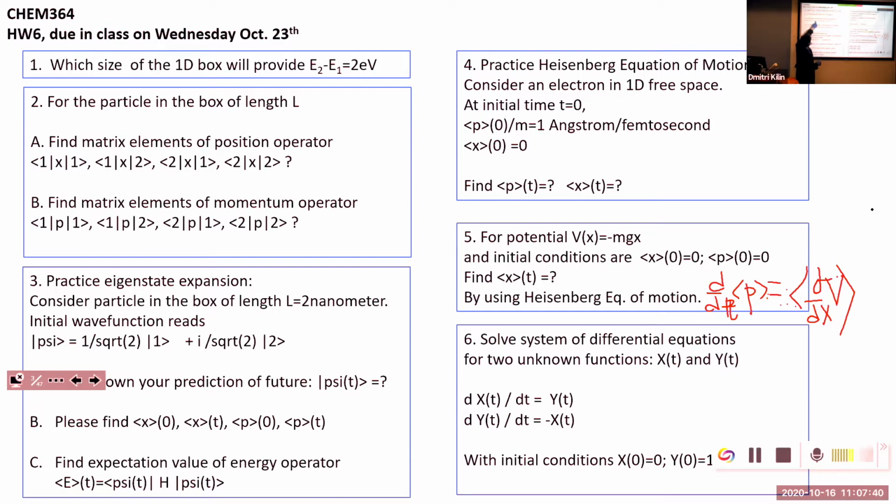The thing here is just taking matrix elements, the concept that you already went through, and I will refresh it today. The thing in number 3 is very similar to our homework 4, but now I suggest we try to do it by pen and paper rather than with MATLAB.